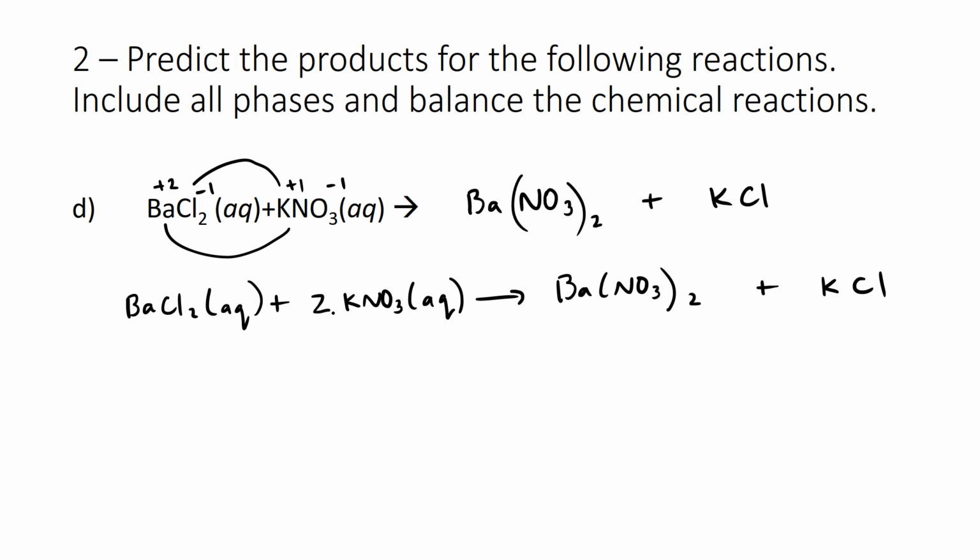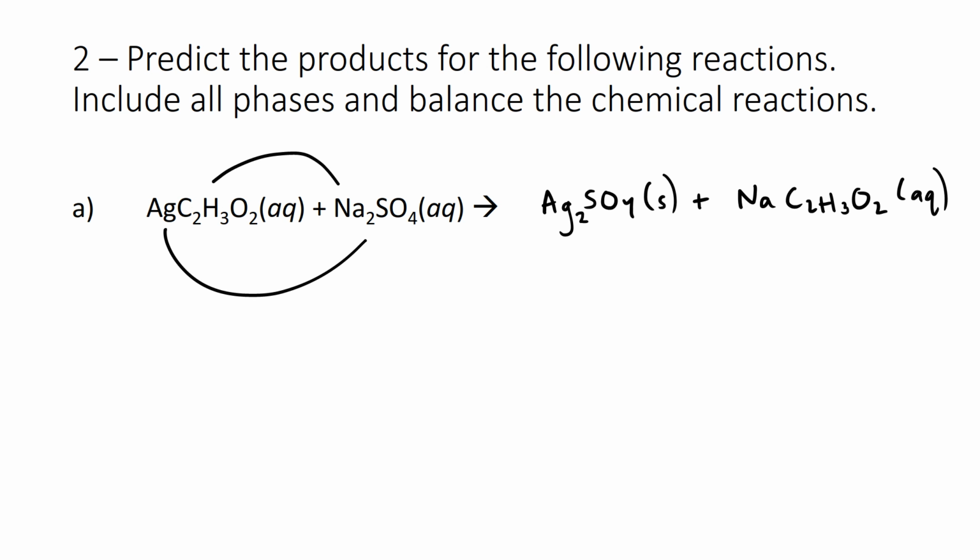And because now we have 2 potassiums, I'm going to need to add a 2 over here on the product side. When we do that, we change the number of Cls we have to 2, but that's okay because we have 2 of them on the reactant side. So this is balanced. Now we just have to state what phase they're in.